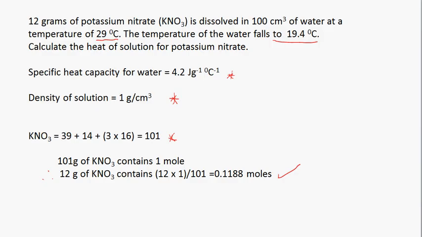We are trying to find the number of moles of potassium nitrate. So in our original statement here, we wrote 101 gram of potassium nitrate contains 1 mole, right? And then essentially what we are doing is cross multiplying. 12, so we take in what we have here multiplied by 1 and we divide it by 101.